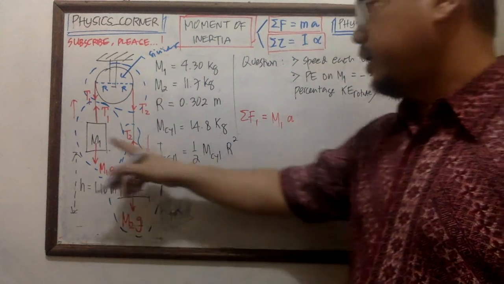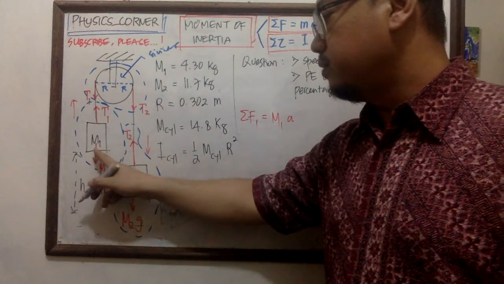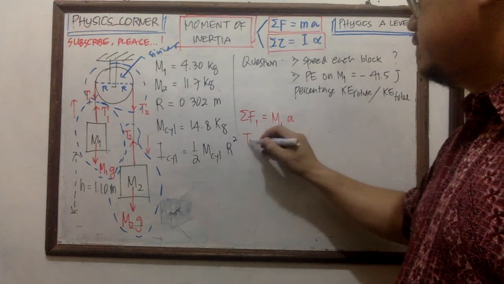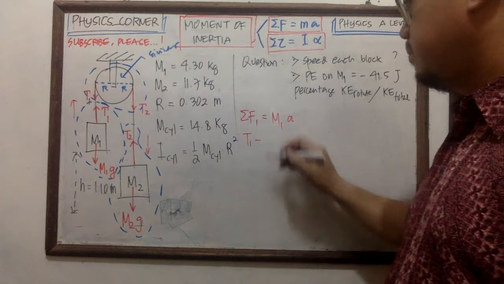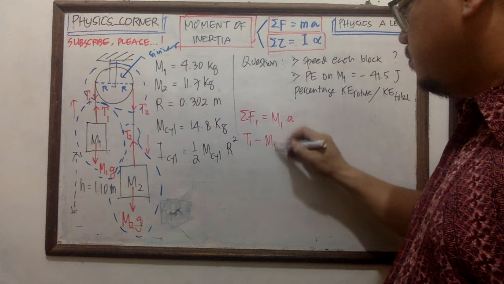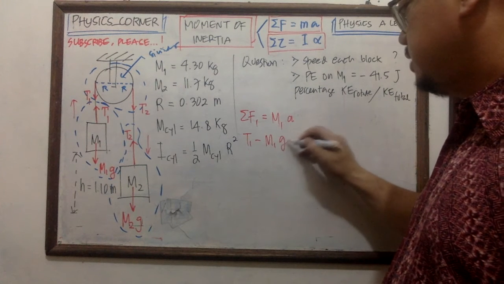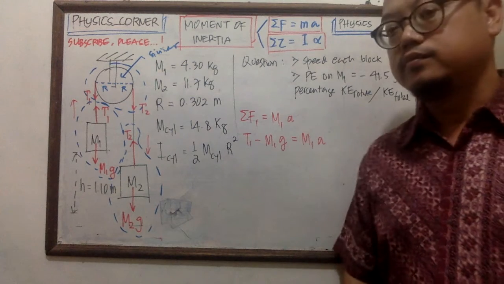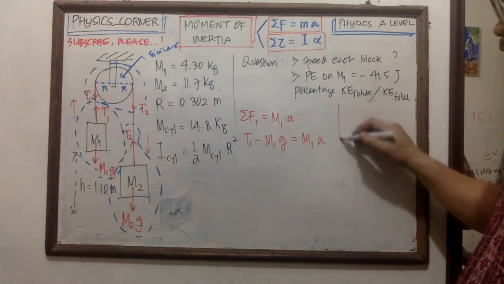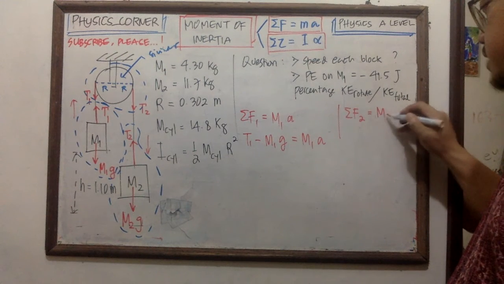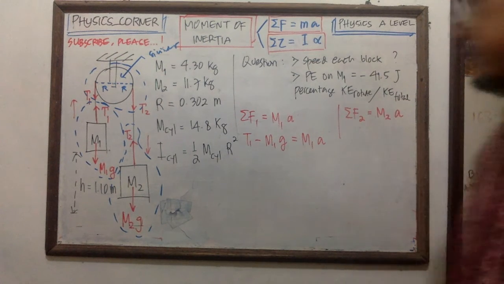If the direction of m1 is upward, we can write T1 minus m1 g equals m1 a. And the total force on object 2 is m2 a.